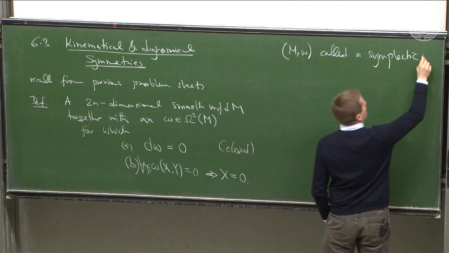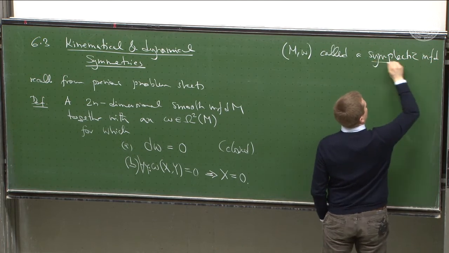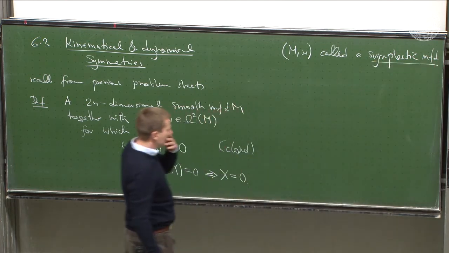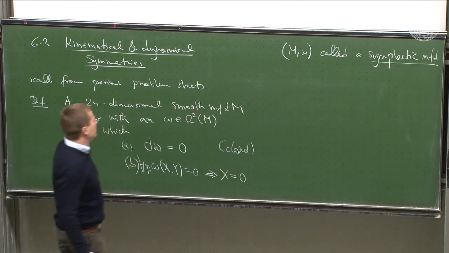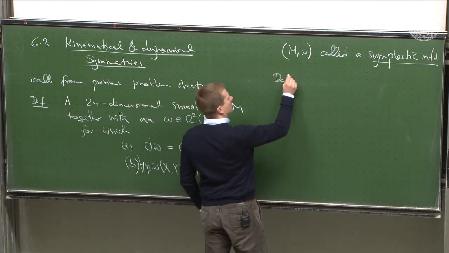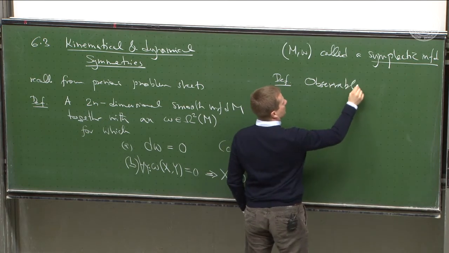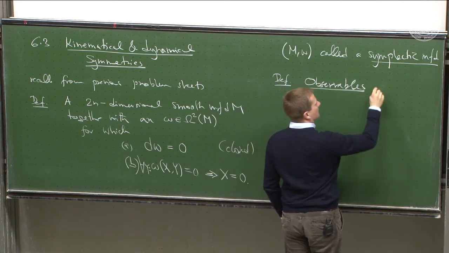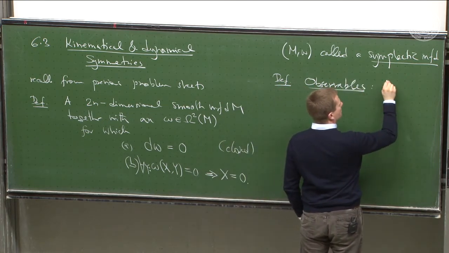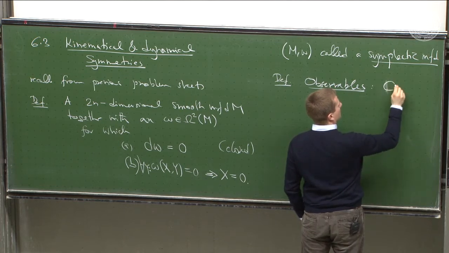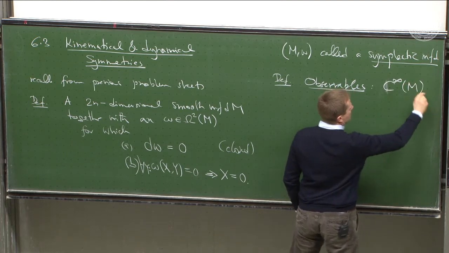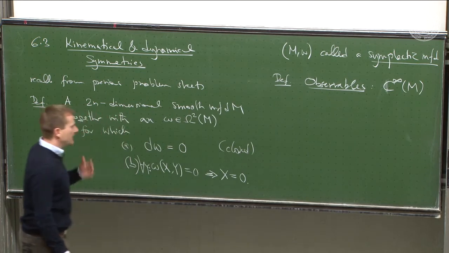And on a symplectic manifold, we have observables, and those are simply the smooth functions on this 2n dimensional symplectic manifold.